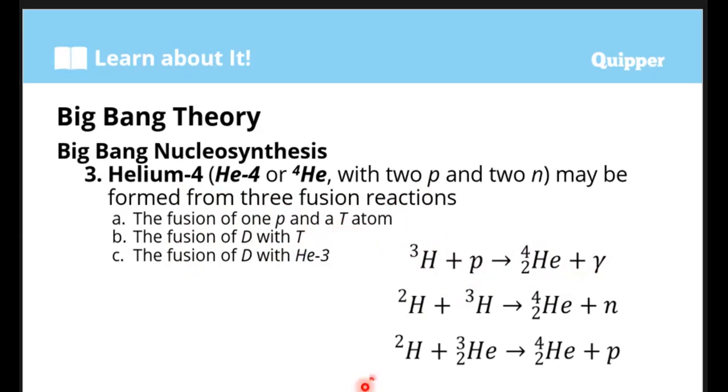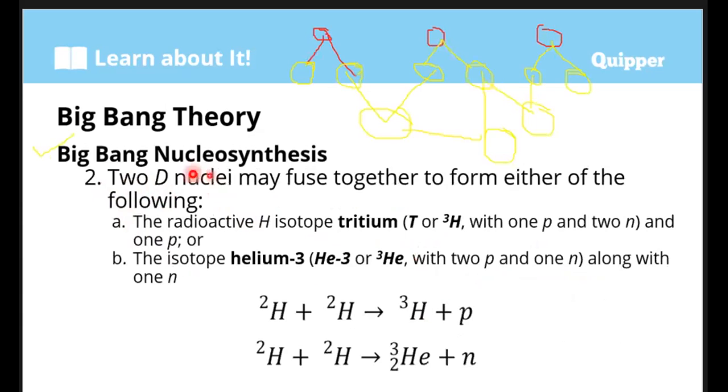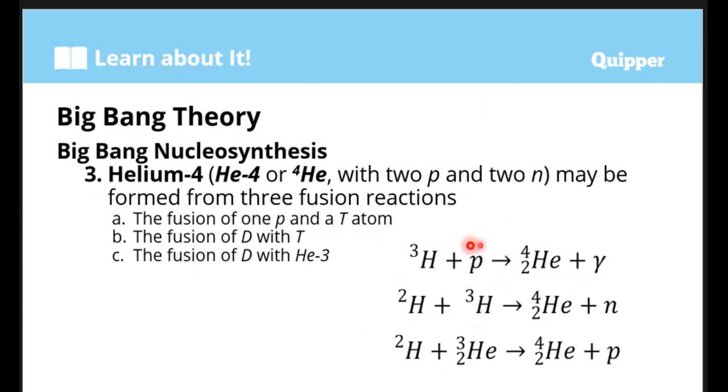So according to this, when the two deuterium are combined, a tritium might form. When this tritium is combined with a proton, helium-4 may form. Then, when another deuterium is combined with a tritium, it might also give helium-4, another isotope of helium.